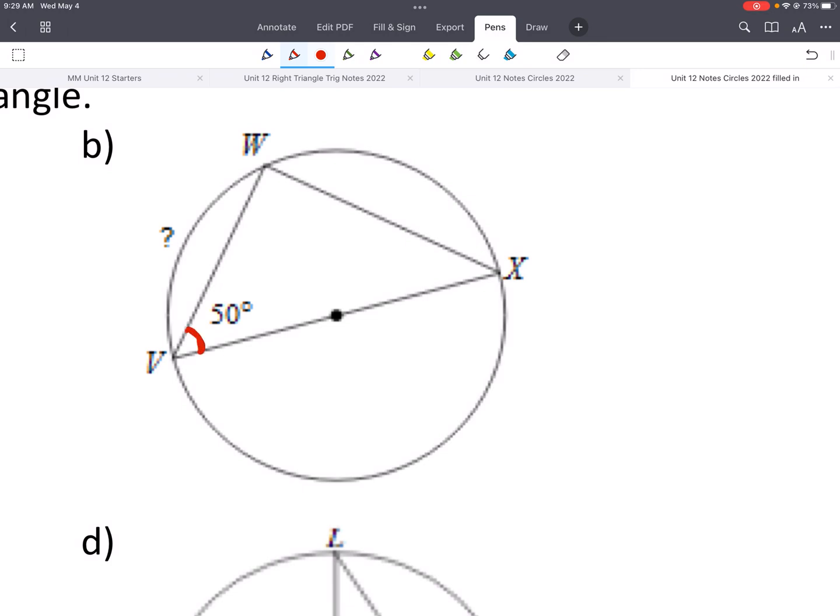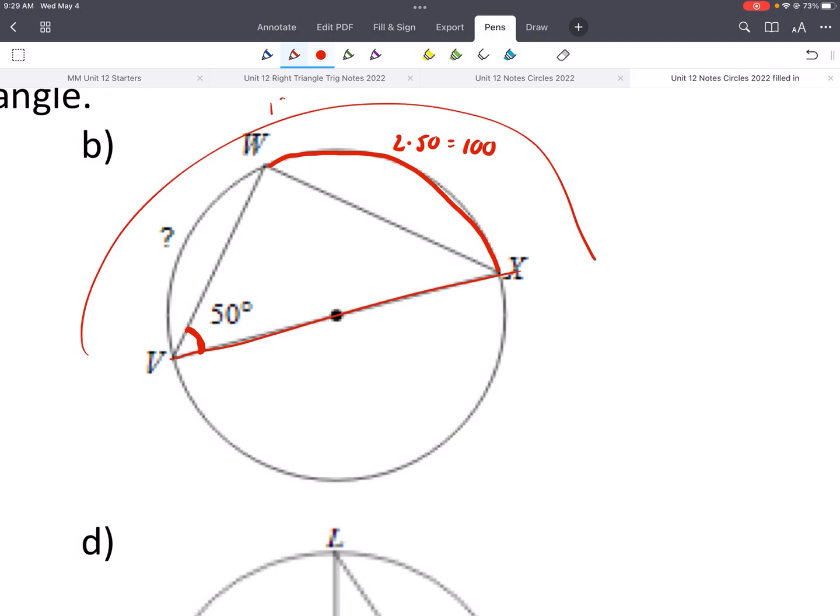So we could look and say, well, where is its arc? Well, its arc is here. And how is it related to the angle? Well, the arc is 2 times, so 2 times 50. So it would be 100. We also notice here we have a diameter, which means that the whole semicircle is 180. So how could we find the question mark? Well, we could just do 180 minus 100.